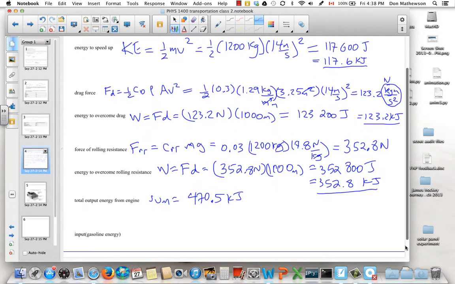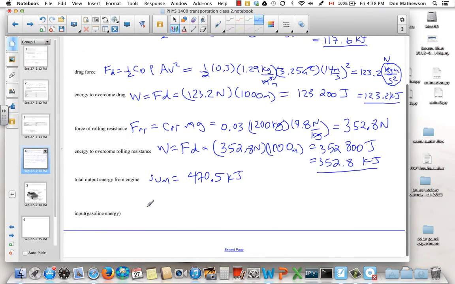Now, in terms of the energy input, the gasoline energy, remember the efficiency ratio. Efficiency is an output over an input. The input to the engine is the gas energy. The output is the motion energy of the car. The required output energy is what we've calculated here. So in terms of the amount of gasoline energy we'll need to move this car 1 kilometer, it's going to be the output energy divided by the efficiency.